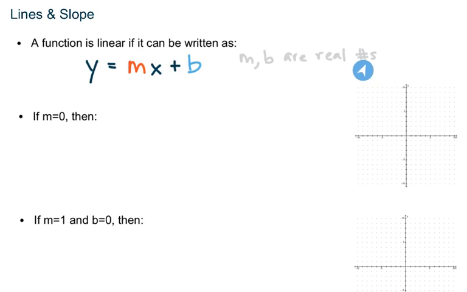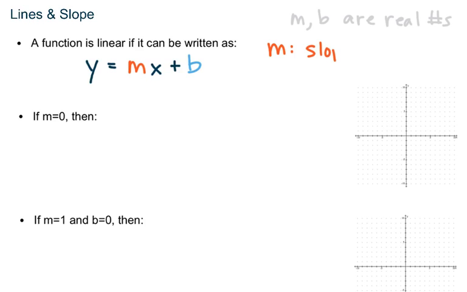And when I say a real number or a constant, what I mean is that m or b could be 1, could be 0, could be 10 million, could be the constant pi, which is 3.14. And when we refer to m, we generally call m our slope, and we'll talk more about slope later. And then that b value, the constant plus b, that is going to be our y-intercept.